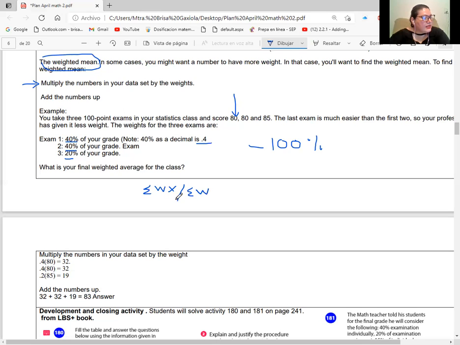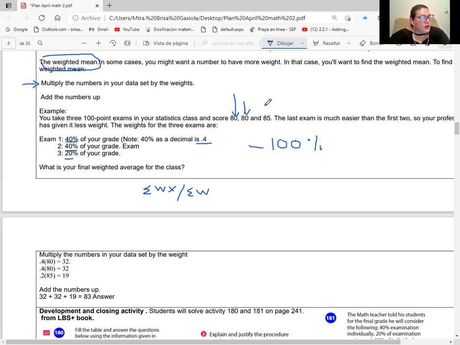In this case, the weight will be the percentage in decimal. So the first one, the 40, is 0.4 times the value. The first value is 80, so you multiply these two numbers and you get 32 as an answer. The other one is also 80, and also it's 40% represented with the decimal 0.4. We multiply that and we get 32.